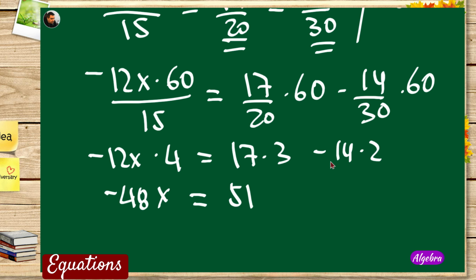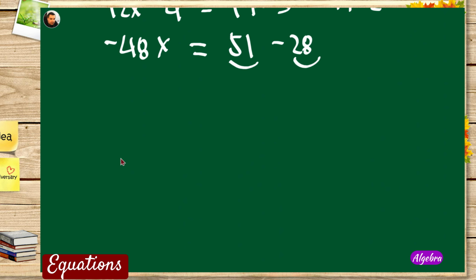Minus 14 multiplied by 2 is minus 28, right? And basically what we have here: minus 48x is equal to 51 minus 28, which is going to be 23, right? You can do it in your head or use your calculator.